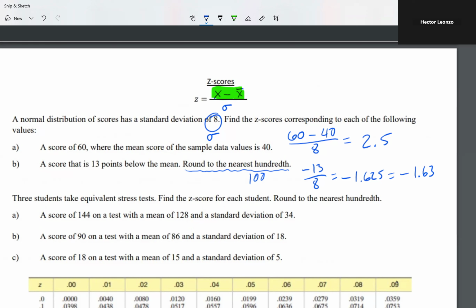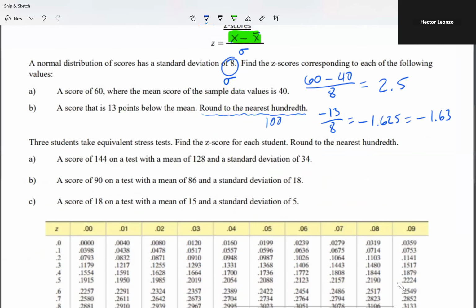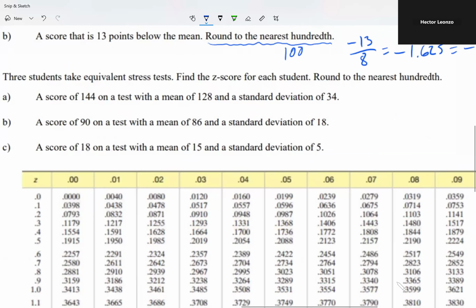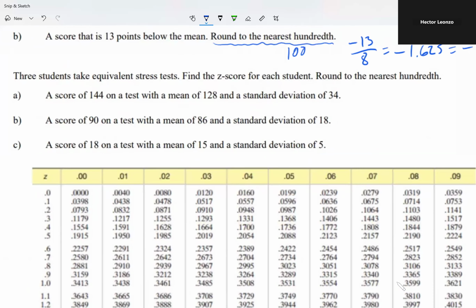So easy to find the C-score. I'm just looking for the difference between the number that I'm testing minus the mean. When they said a score that is 13 points below the mean, well, they pretty much did the top already. Let's take a look at the next 3 questions. 3 students take equivalent stress tests. Find the C-scores for each student. Round to the nearest hundredth. So that means 2 decimal places.